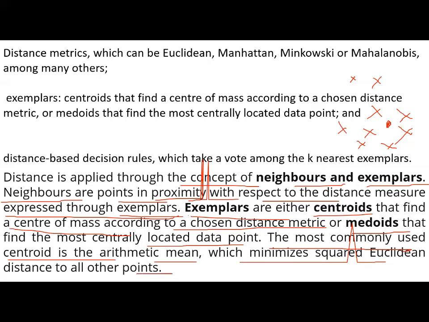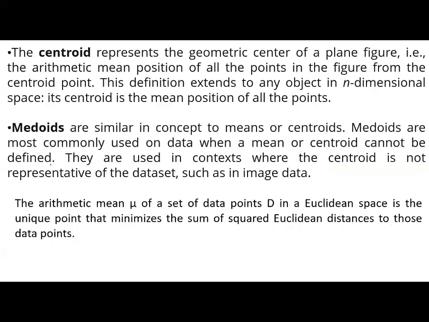Now, for squared Euclidean distance, we use centroid. Right? Let us see what exactly we mean by centroid. The centroid represents the geometric center of a plane figure, that is, the arithmetic mean position of all the points in the figure.